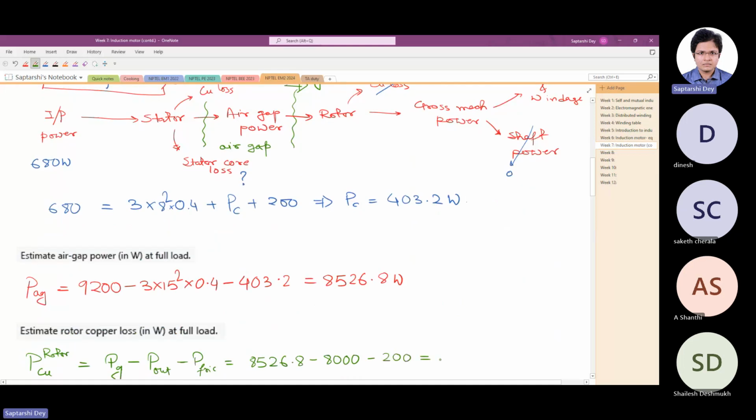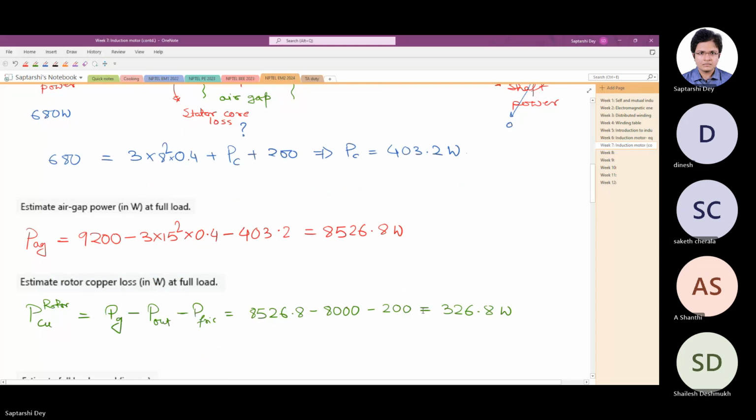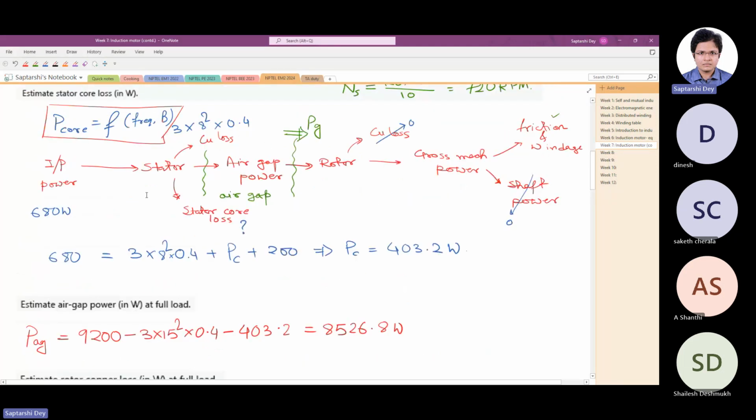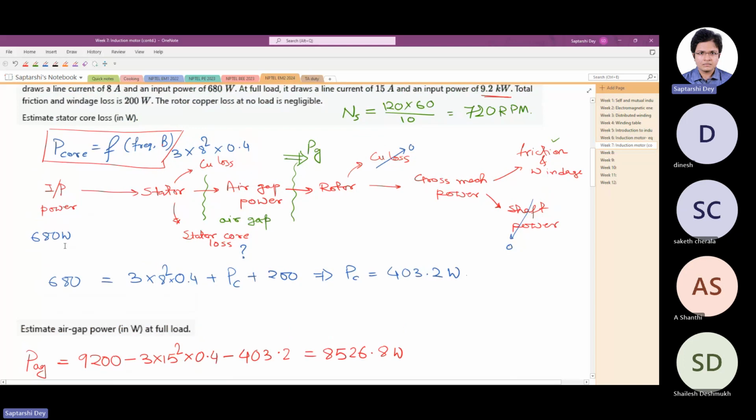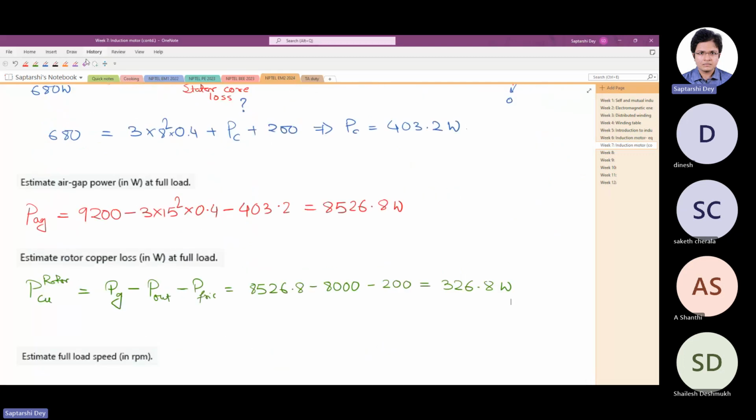So this is the rotor copper loss at full load. Basically this chart is this energy diagram. Just apply the law of energy conservation here, and you'll get every data step by step.